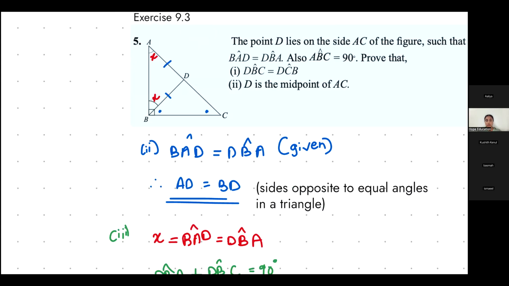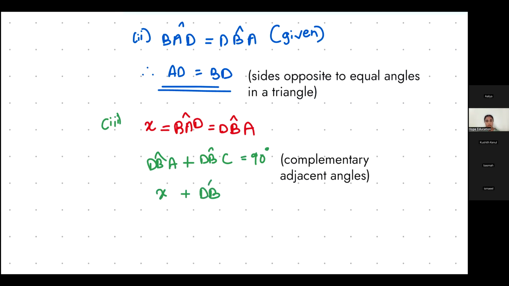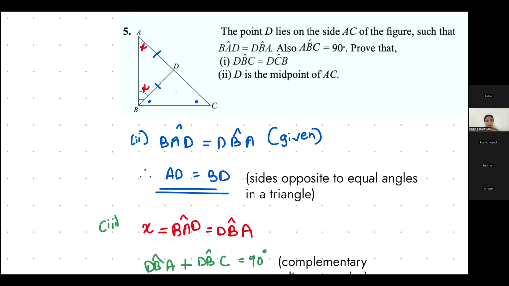For the reason, you can write complementary adjacent angles. So DBA is equal to x, DBC equals 90 minus x. DBC equals 90 minus x.